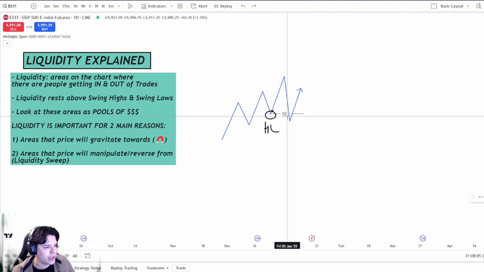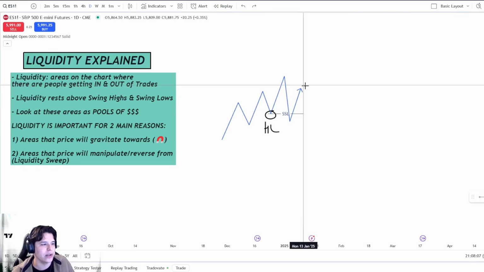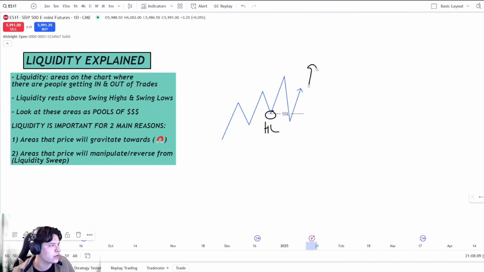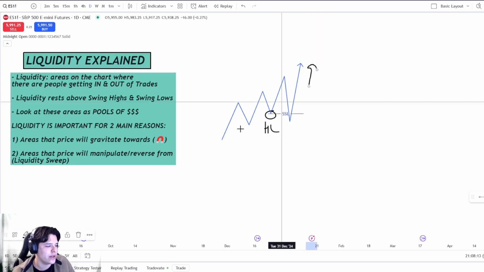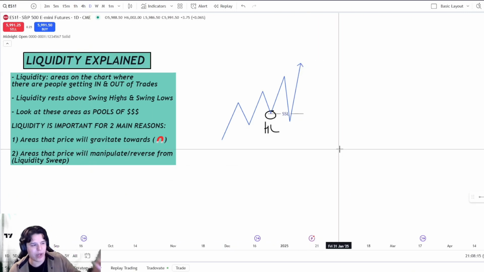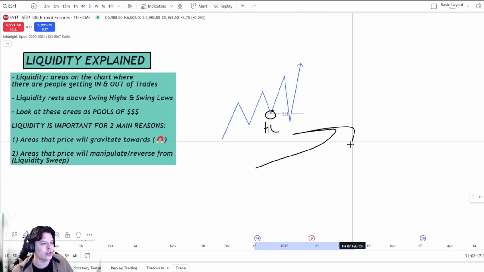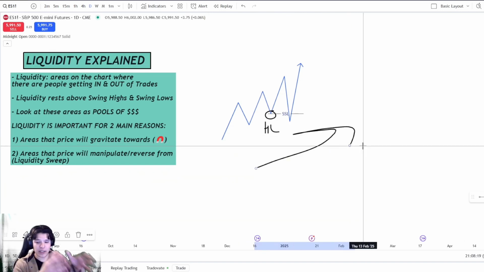But we end up manipulating this low, we take out sell side liquidity, and we end up potentially drawing higher in something like this, where we take out the previous subsequent higher high, and then we have a continuation of the overall bullish momentum that we had seen. So in this case, this is what we would call a sweep of sell side liquidity.